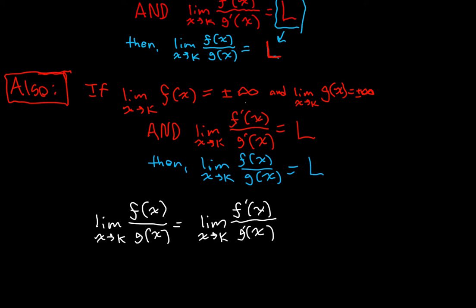This is given that, this is part of the rule. This is basically 0 over 0 or plus or minus infinity over infinity. So the rule is that it has to be one of those. That's one of the givens, that our normal limit is indeterminate.